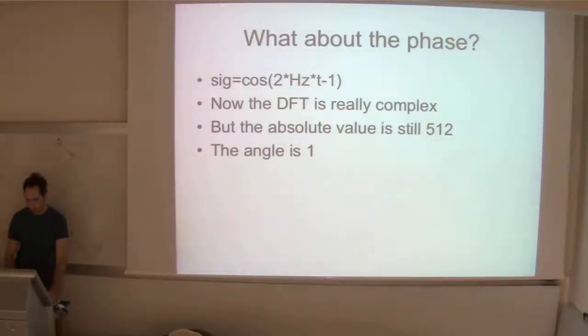So we already mentioned the DFT is really complex, and now we can actually see it. The absolute value is still half of the energy. Before that, when we looked at only the real value, it wasn't 512. Only when we look at the absolute value, which contains the length of the vector and also the phase, and the angle is 1.